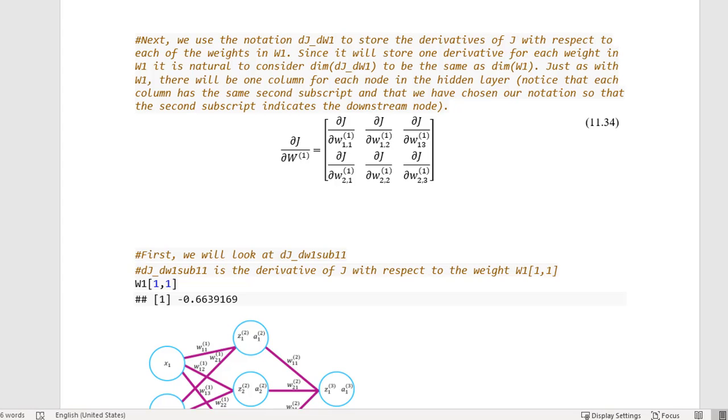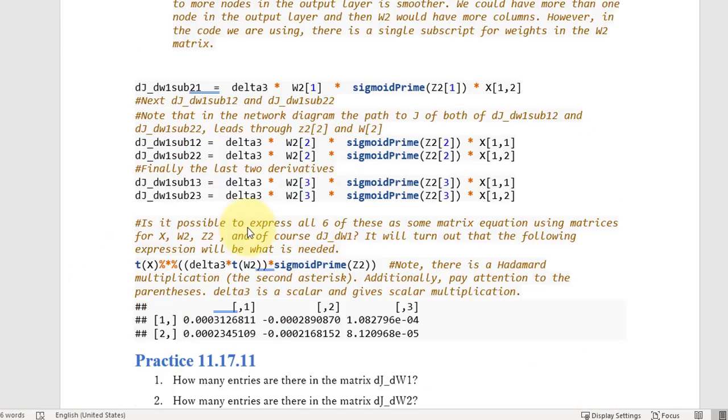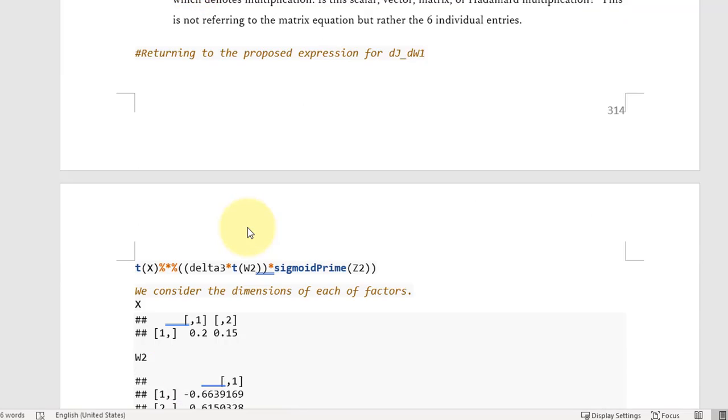But otherwise, we have the partials of J with respect to all the weights in the first level. And that's all we needed to do the gradient descent method of updating the weights. So we have them here, hopefully, and then we can use them.